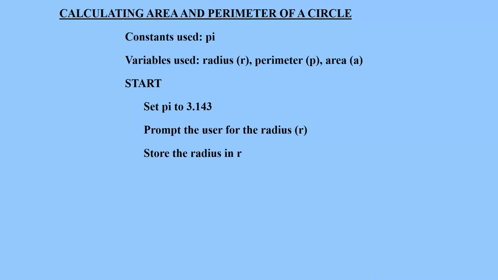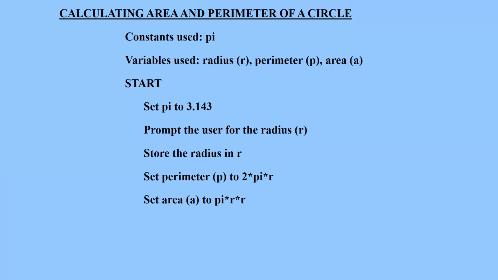Next, ask the user for the radius. Then store that radius in a memory location called R. Then set the perimeter P, or calculate the perimeter, using the formula 2 times pi times R. Then set area as pi times R times R. In other words, calculate the area of the circle by multiplying pi times what is entered as radius times what is entered as radius.